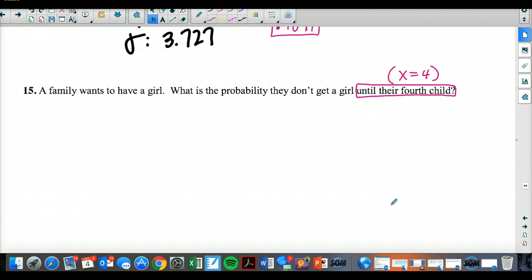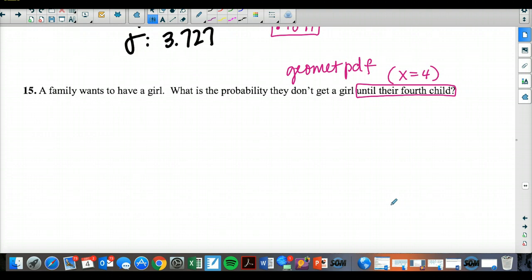But what type of distribution is this? Geometric, because they're going to try until success. So they're going to try until 4. So this is a PDF. So this is a geometric PDF of x is equal to 4.